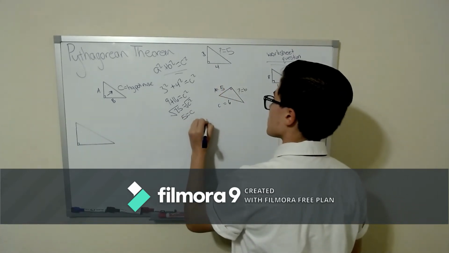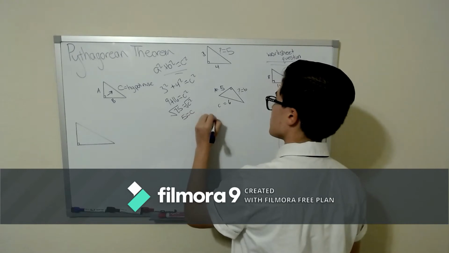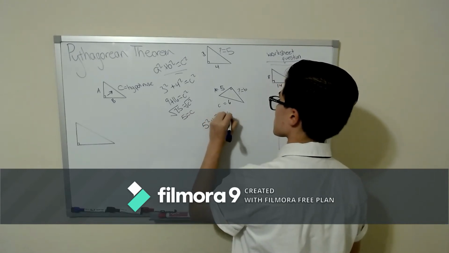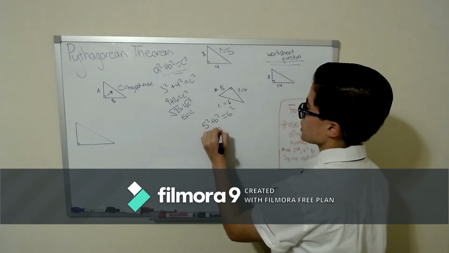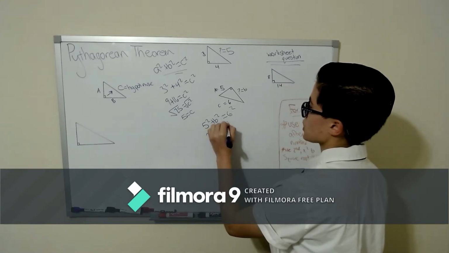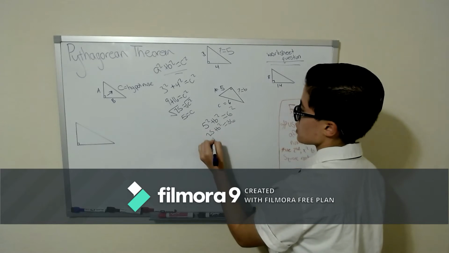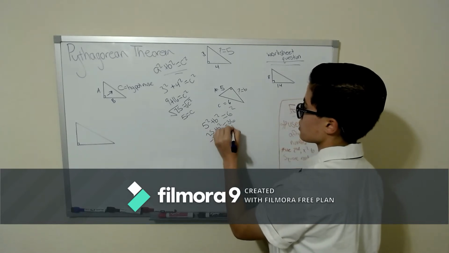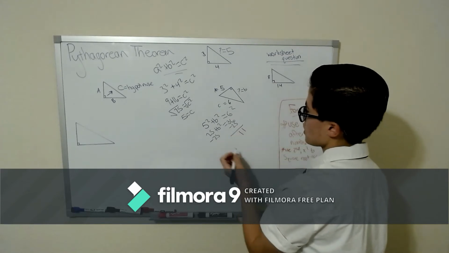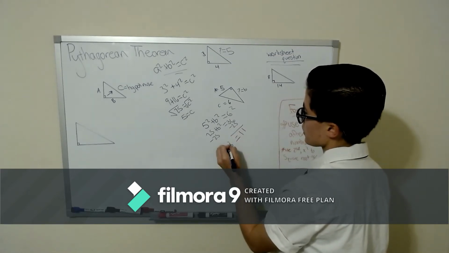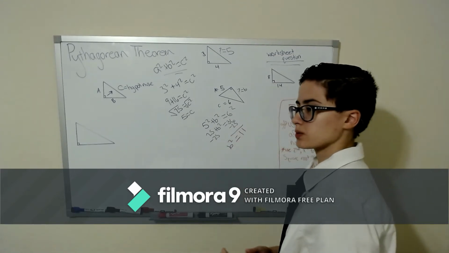So 5 squared plus b squared equals 6 squared. 25 plus b squared equals 36. You subtract 25 from both sides. So b squared equals 11.